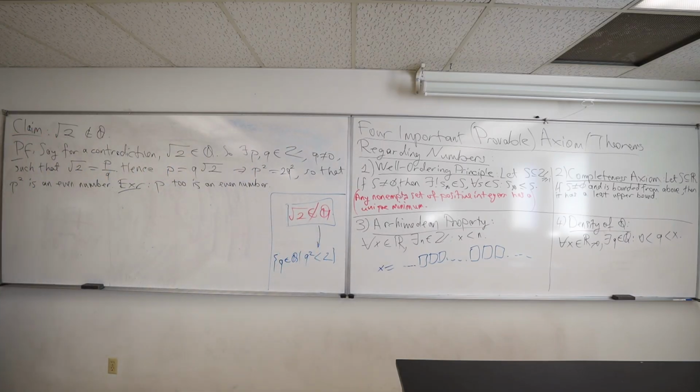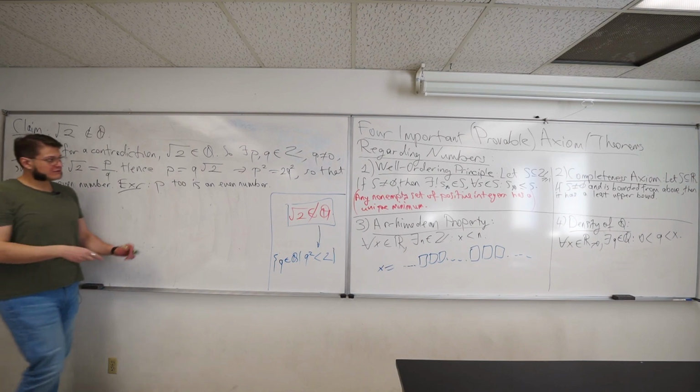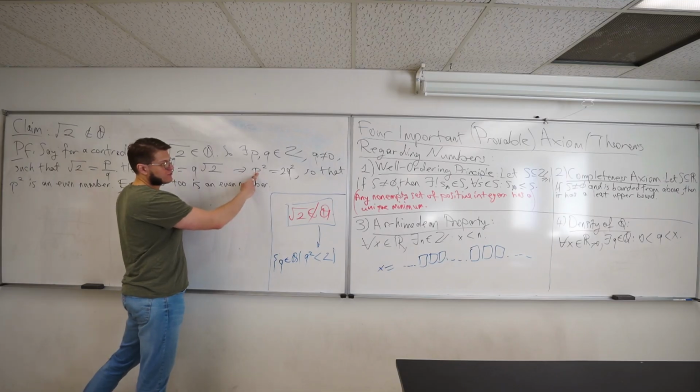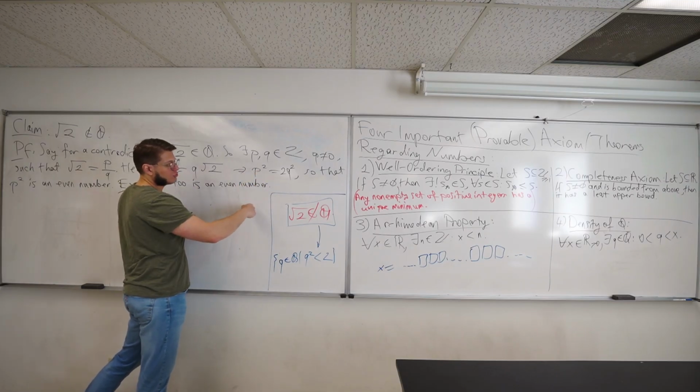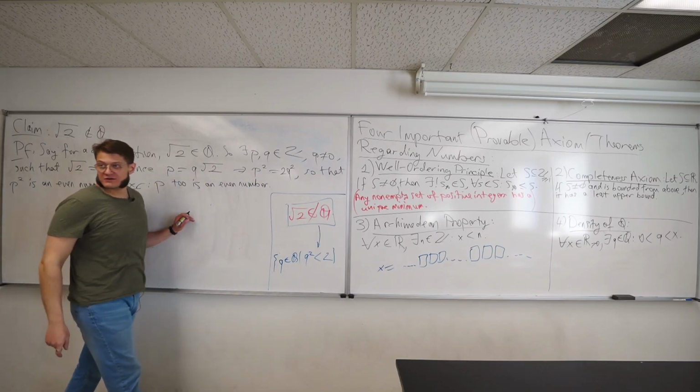Okay. If p itself is an even number, then that means p squared is divisible by 4. If that is the case, dividing everything by 2, I get that q squared is an even number.